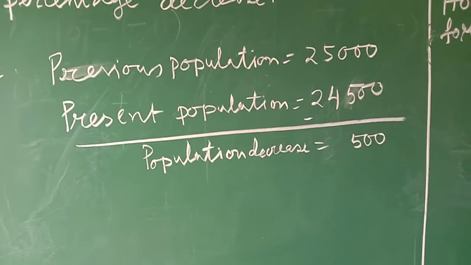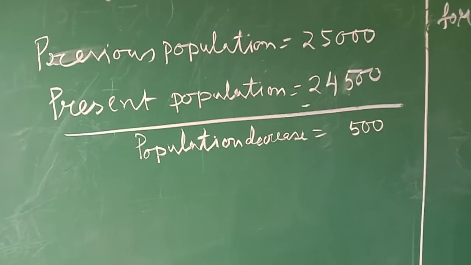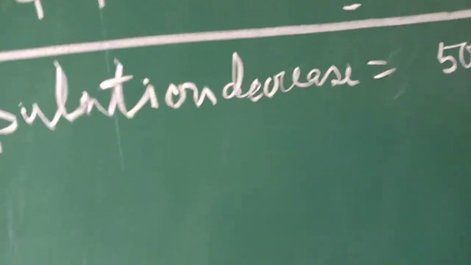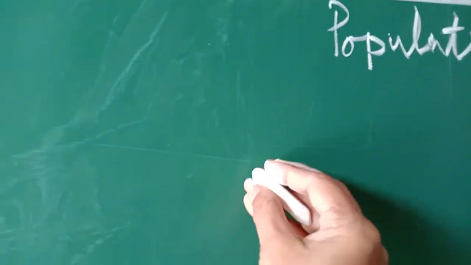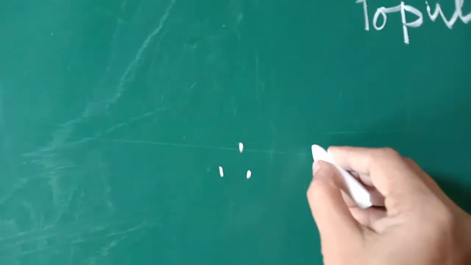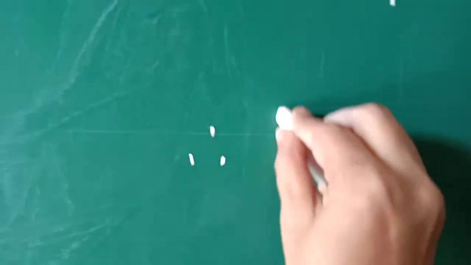So now you have to find the percentage. Percentage means out of 100, how much the population has decreased. Therefore the population decrease percent is out of 100%.